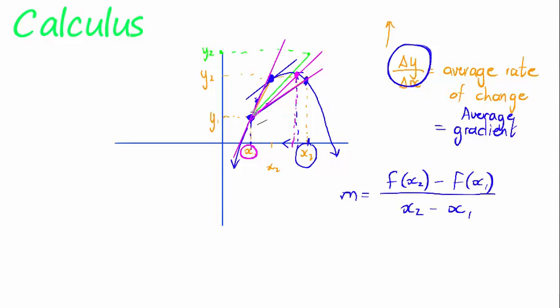But when I came closer, my new gradient became a little bit closer to this one. You see? Now if I choose a new value there, notice what my average gradient now would be. There's my average. Do you see I'm getting closer and closer to the correct answer? The closer I'm getting here, the closer my gradient is becoming to the gradient I have at that point.